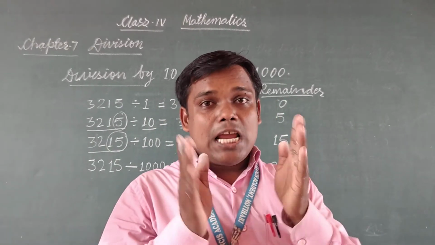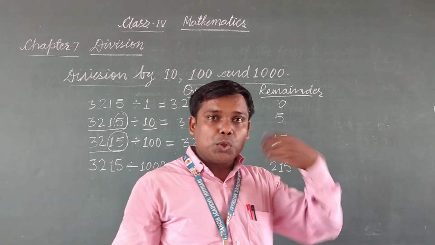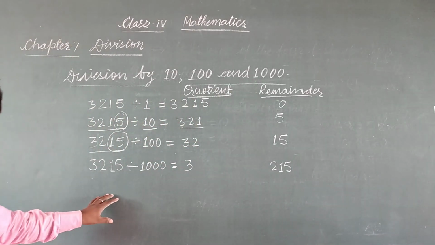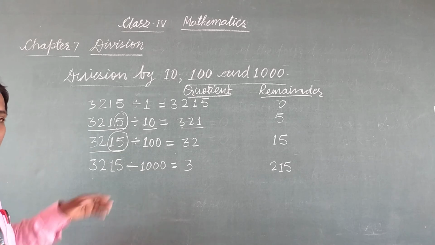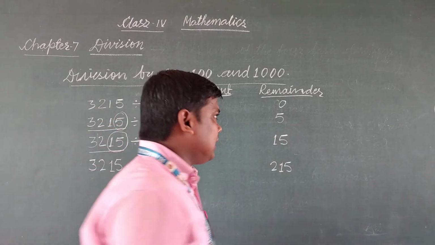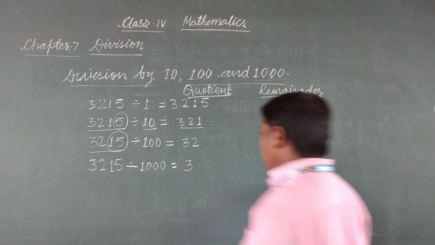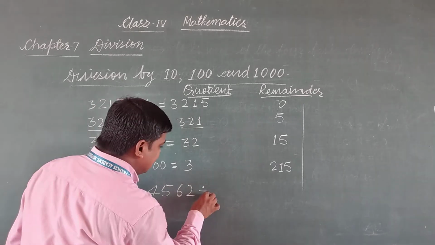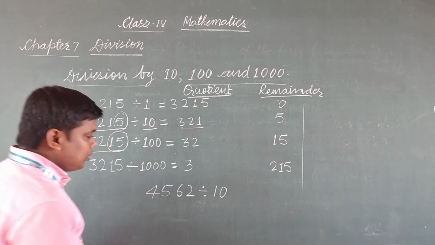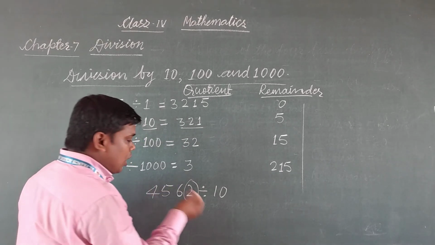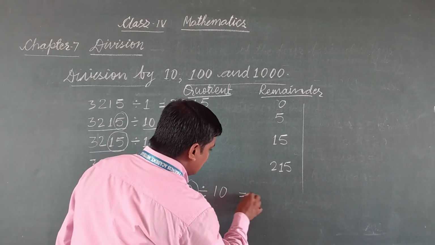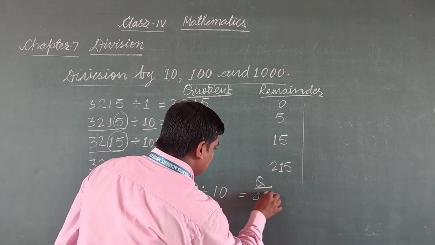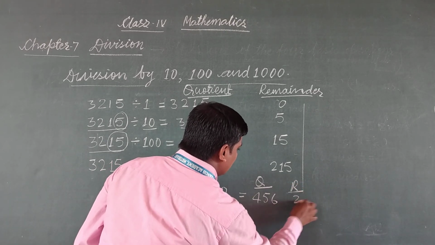Similarly, if a question comes, write the quotient and remainder without actual division. Think about what the quotient will be when we divide. Take another number, suppose 4562, and we have to divide it by 10. Here 2 is at the one's place, so our quotient will be 456 and remainder 2.